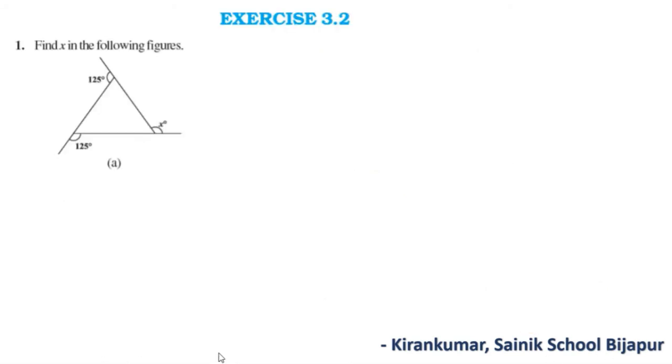Let us solve one or two questions of exercise 3.2. We need to find the angle X mentioned here. There are two ways of solving this particular question. Since all the three are exterior angles, the sum of all exterior angles is 360 degrees.